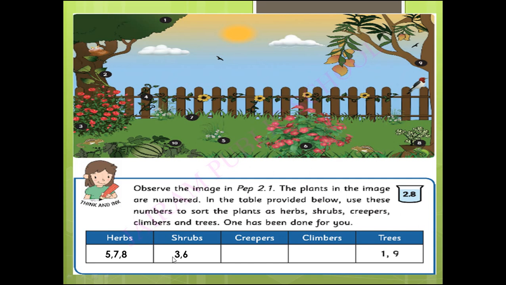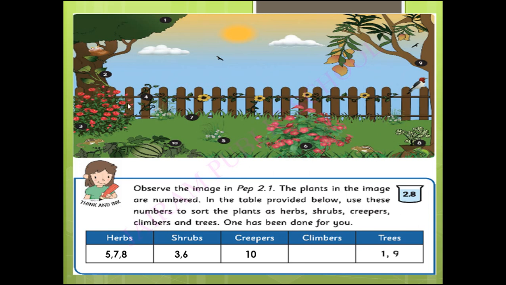Next, shrubs. We learned that shrubs are bushy plants. So numbers 3 and 6 are bushy plants. So these are called shrubs. Next, creepers. Creepers means the plants that creep on the ground, I told. In the creepers, the fruits or vegetables of the plant will be of a big size. So creepers, number 10. Next, climbers. We learned that climbers are the plants which grow on support.